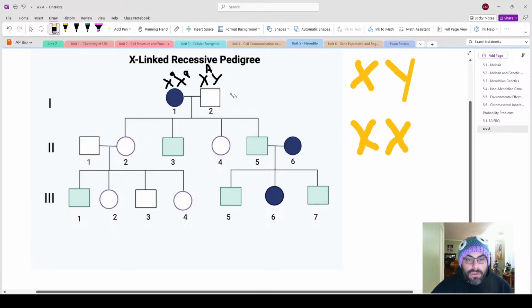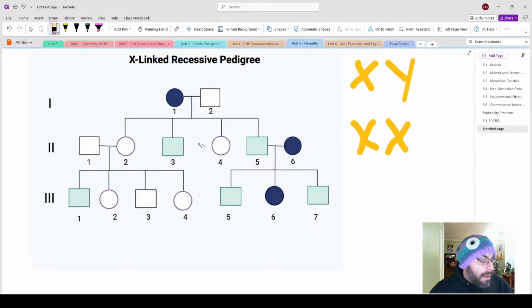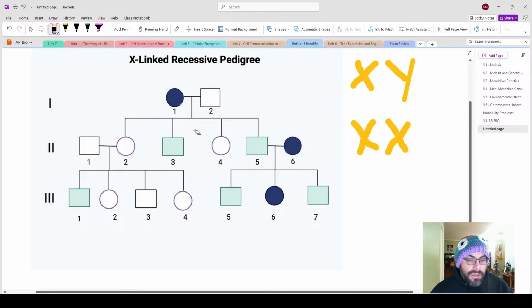The clues for me would be that dad doesn't have the disorder, mom does, and all the sons have it and none of the daughters do. That would be my first tip off, to show that there's a normal pattern of inheritance here.